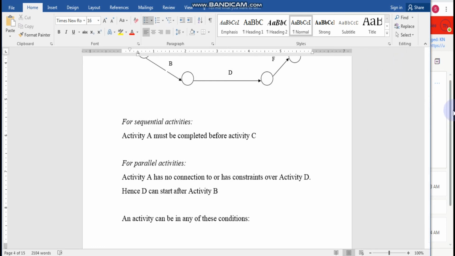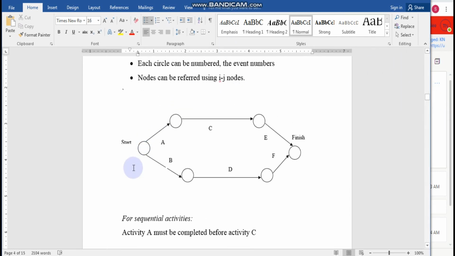Some activities are sequential, meaning that, for example, for C you must finish A before C. These are what we call interdependent sequential activities. C and D, or E and F, are what we call parallel activities. If this node is also parallel with another one, it means that they are not interconnected.